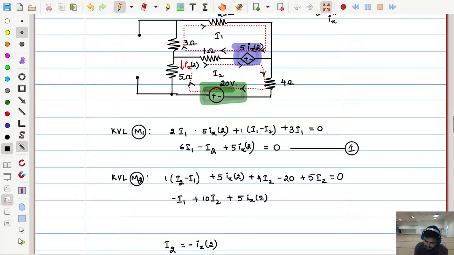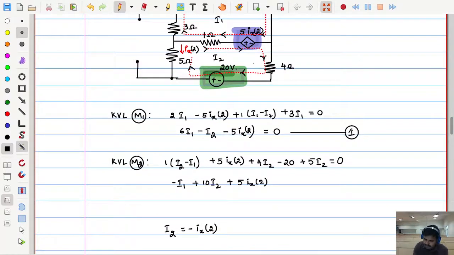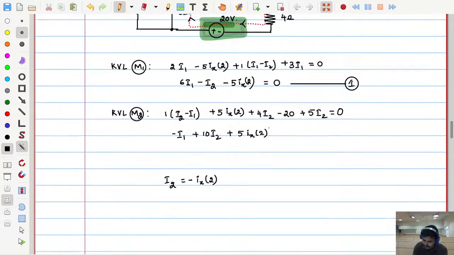See here, this is minus. This is also minus. Now this is plus. Okay, is that fine? Yeah. So clockwise plus Ix2 voltage. Next, I1, I2 and Ix2. Then is there any constant? Yes, 20. So that is equal to 20, equation number 2.